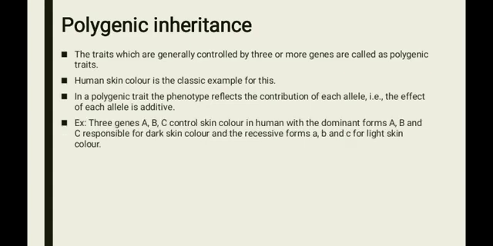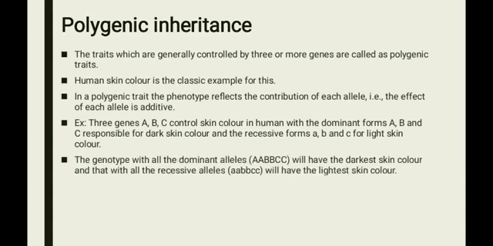Example, 3 genes A, B, C control skin color in humans, with the dominant forms A, B and C responsible for the dark skin color, and the recessive forms small a, small b and small c for light skin color.